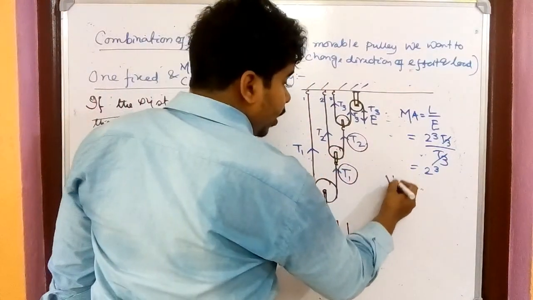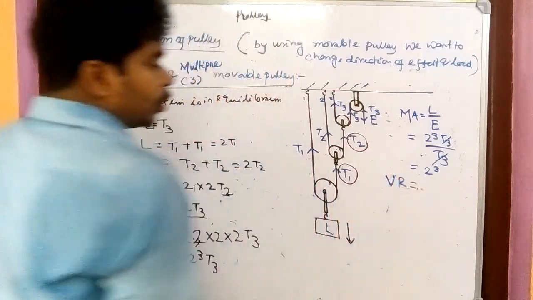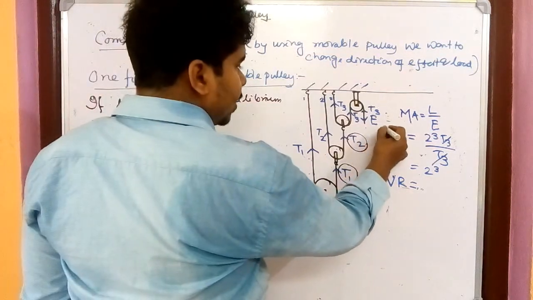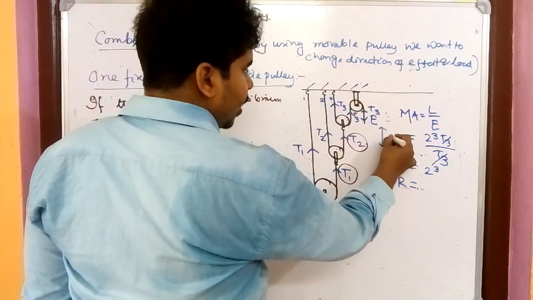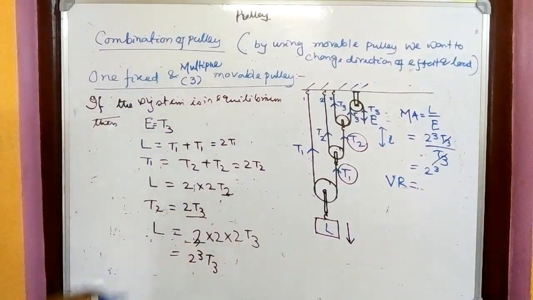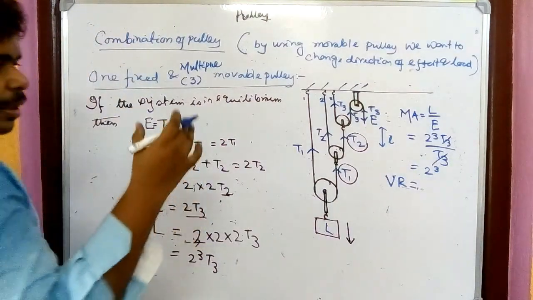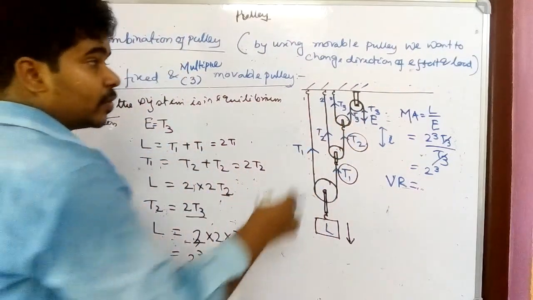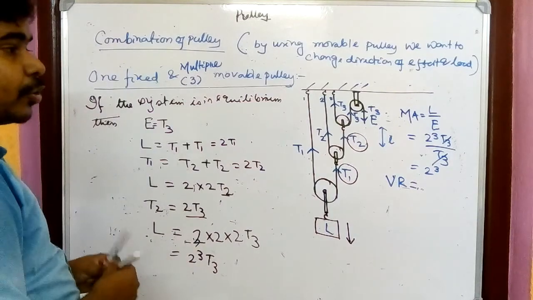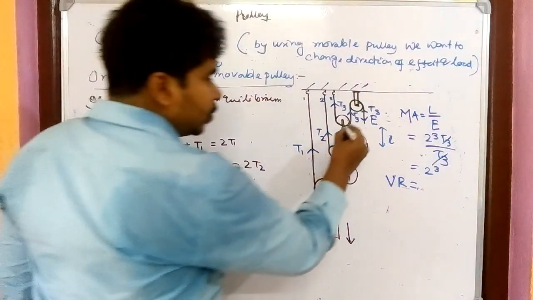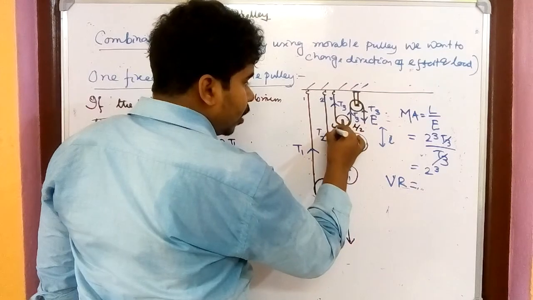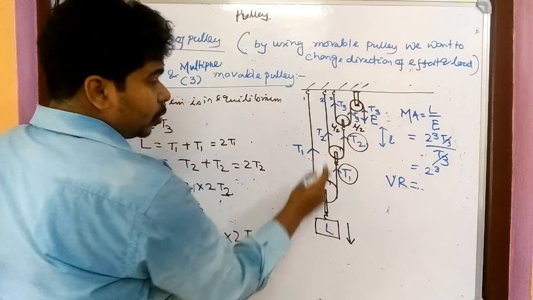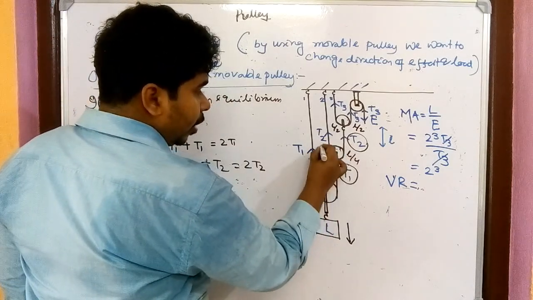Talking about VR, what should be the VR? Now you see, if you displace here L, try to understand. If you displace here L, this displacement will be distributed to these two where we have written T3. That should be L by 2 and L by 2. And this L by 2 will be distributed in these two, that is L by 4, L by 4.